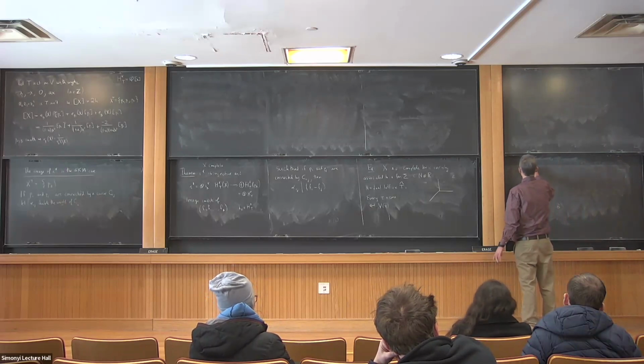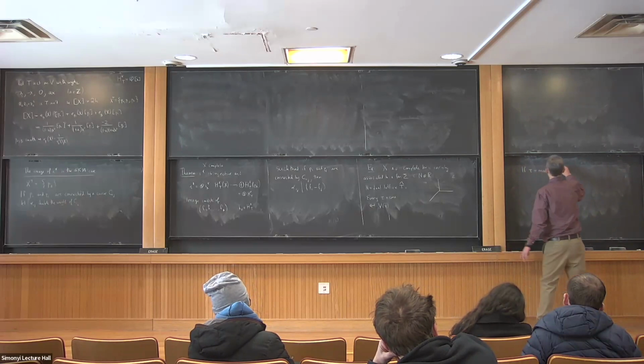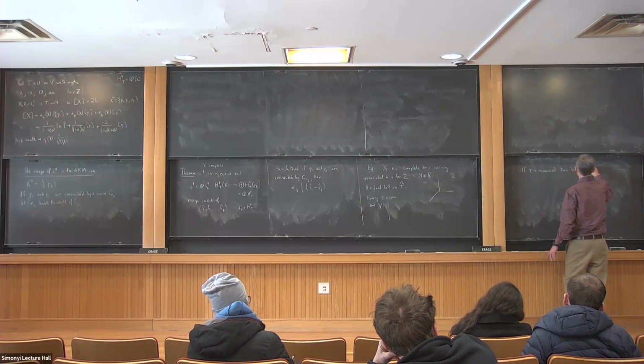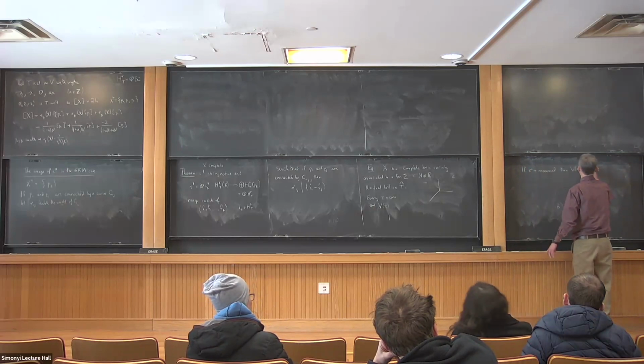So if sigma is maximal, then V sigma is just, I'll call it P sigma, which is just a point.